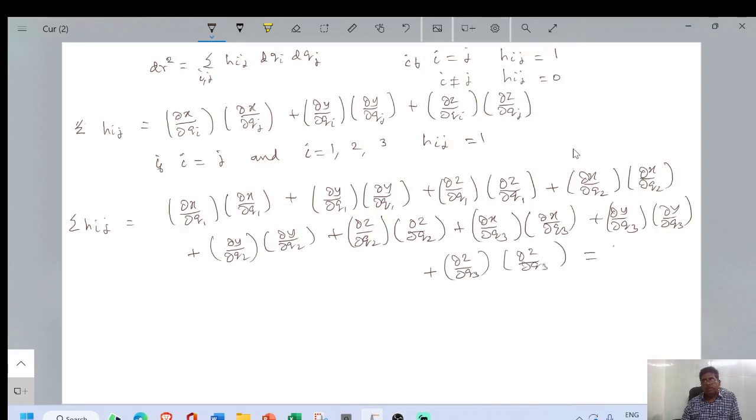This must equal 1, because if i equal to j, hij equal to 1. This is summation.